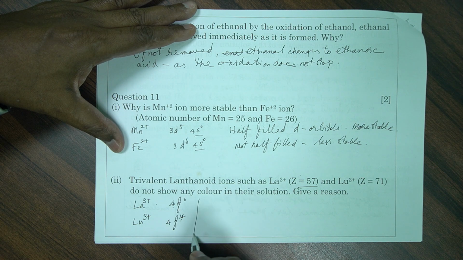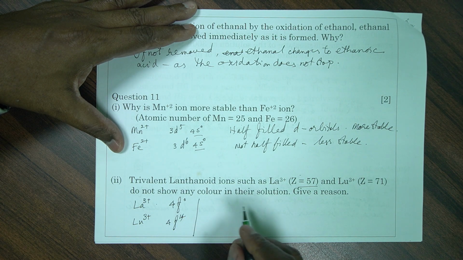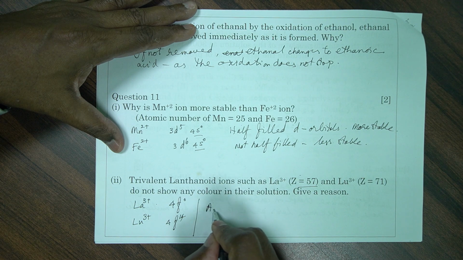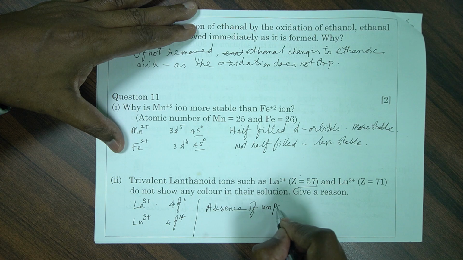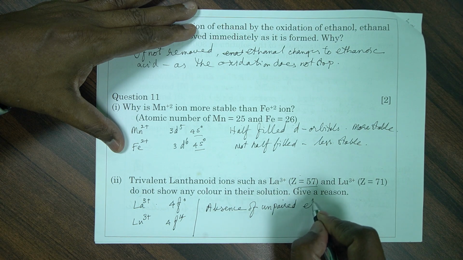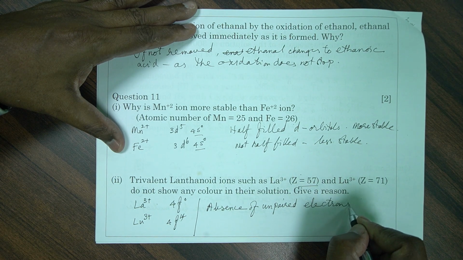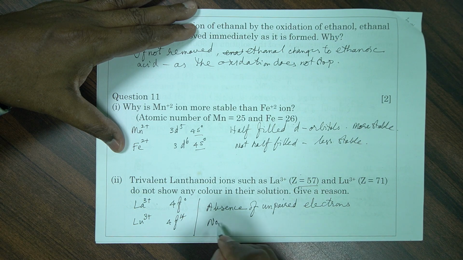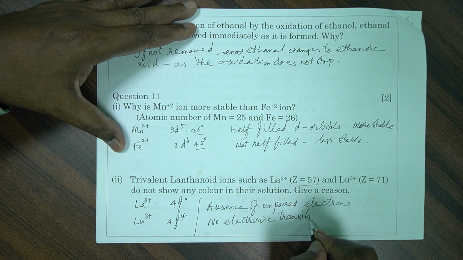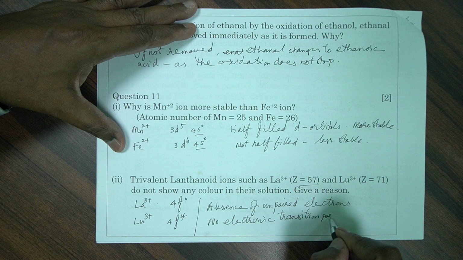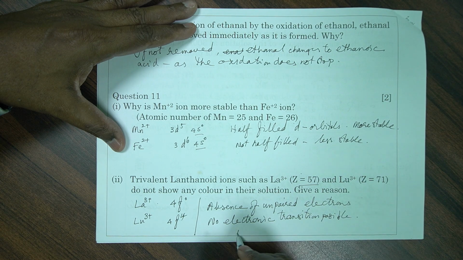So there is no unpaired electron, absence of unpaired electrons, no electronic transition possible, no color.